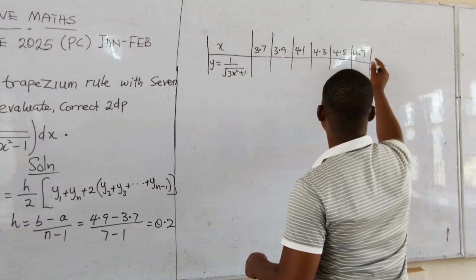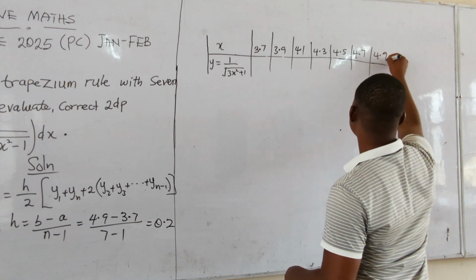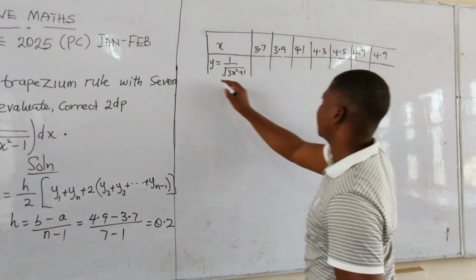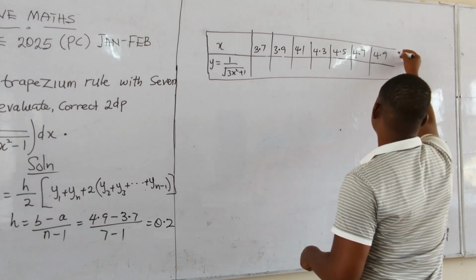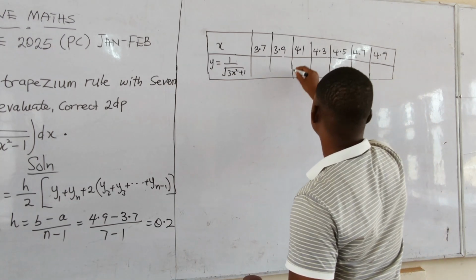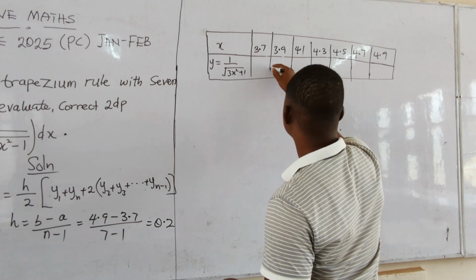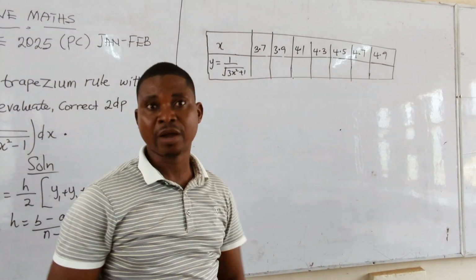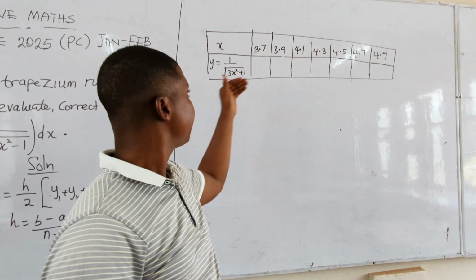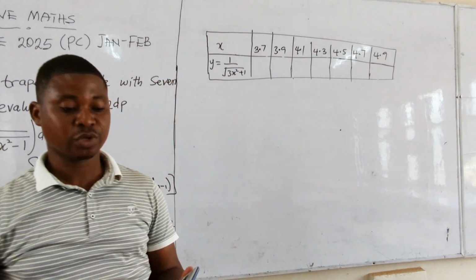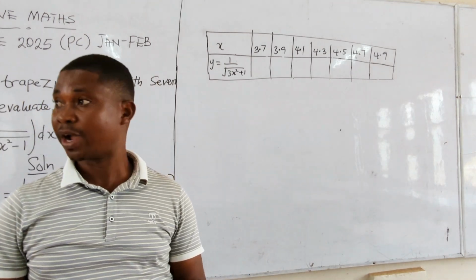So you get to the last number, which is 4.9, because we start from there. So now we have this, and it means that we are now going to find our y values. To find y values, you don't really bother yourself so much. You can use your calculator to get your y values.